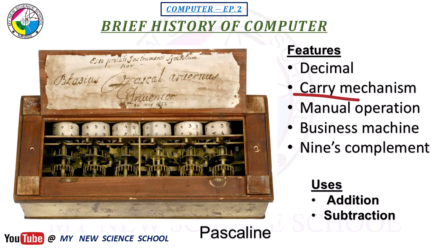For example, if you are doing addition, when you reach, for example, 10 or 11, you carry 1. So this machine worked by carrying numbers. It was used to do addition and subtraction, but not multiplication or division. As you can see, it has different components, wheels, and numbers written on a drum.